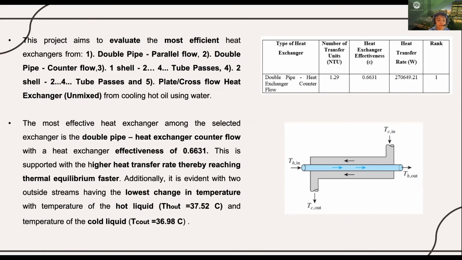So the most effective heat exchanger that we concluded is the double pipe heat exchanger with a heat exchanger effectiveness of 0.6631. This is supported by the higher heat transfer rate, thereby reaching thermal equilibrium much faster. Additionally, this is evident with the two outside streams having the lowest change in temperature, with the temperature of the hot liquid being 37.50 degrees Celsius and the temperature of the cold liquid being 36.98.